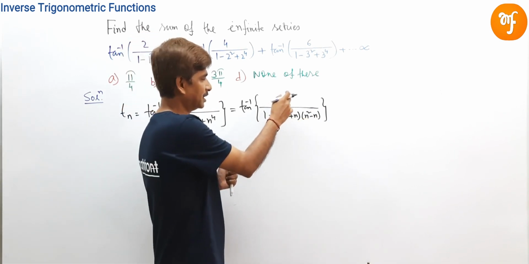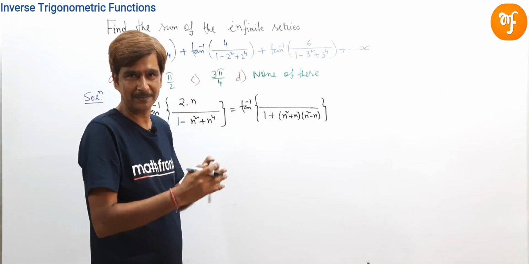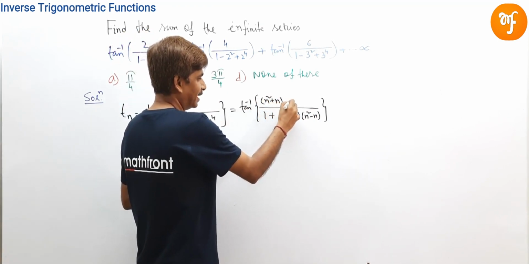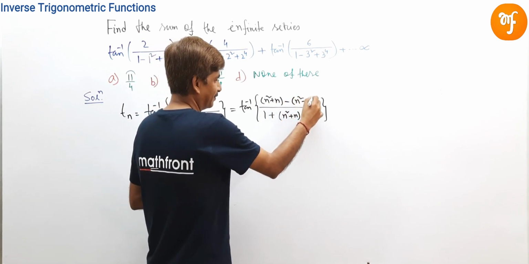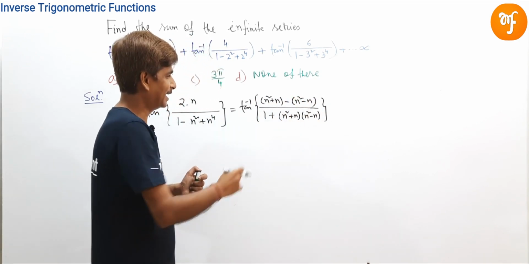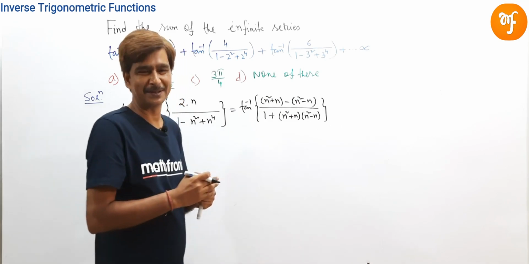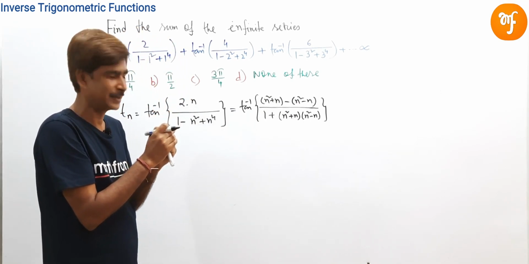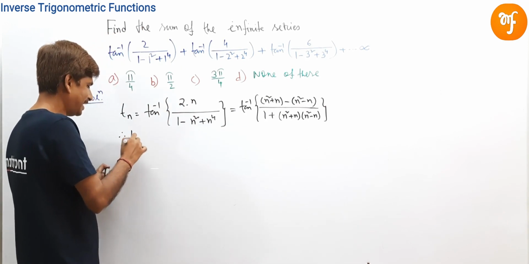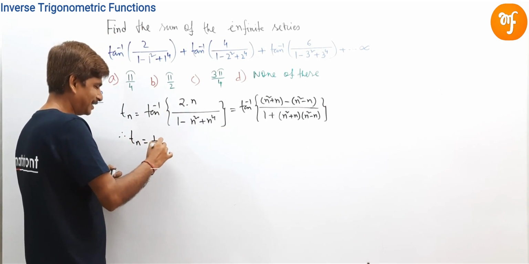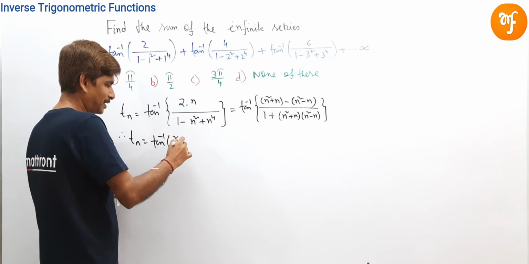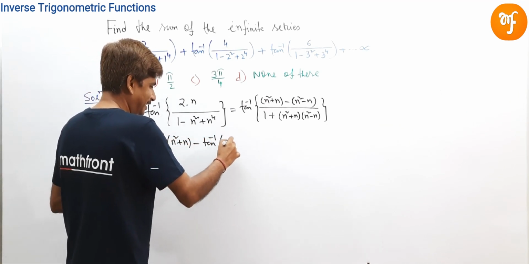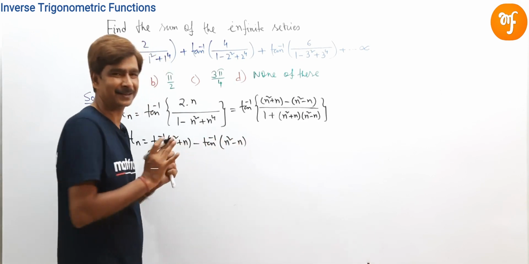And obviously the numerator will be of the x minus y form, that is n square plus n minus n square minus n. And n square plus n minus n square minus n is equal to 2n. So does it match? So we can write Tn is equal to tan inverse of n square plus n minus tan inverse of n square minus n.